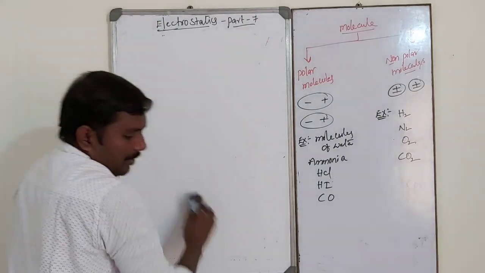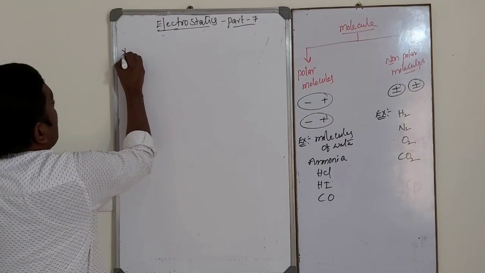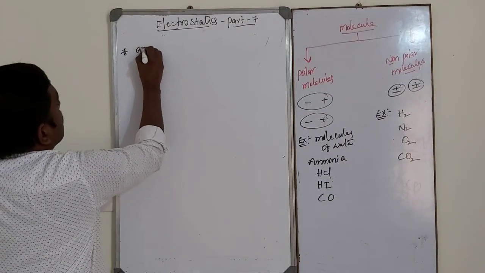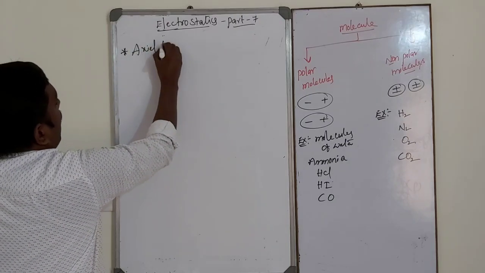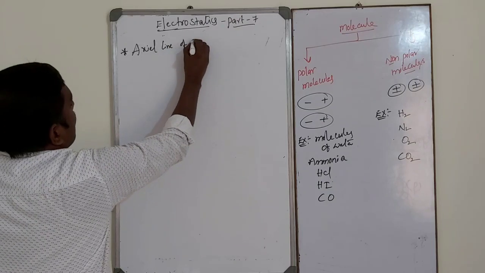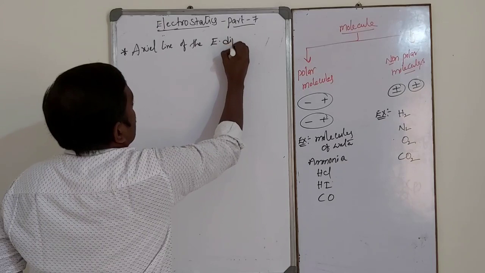Axial line and equatorial line of the dipole. Axial line of the electric dipole.